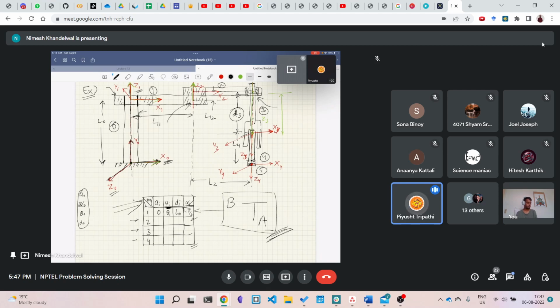Just one question regarding this Z0 axis. The first link, which is attached to the base, is rotating, having a kind of circular motion, right?